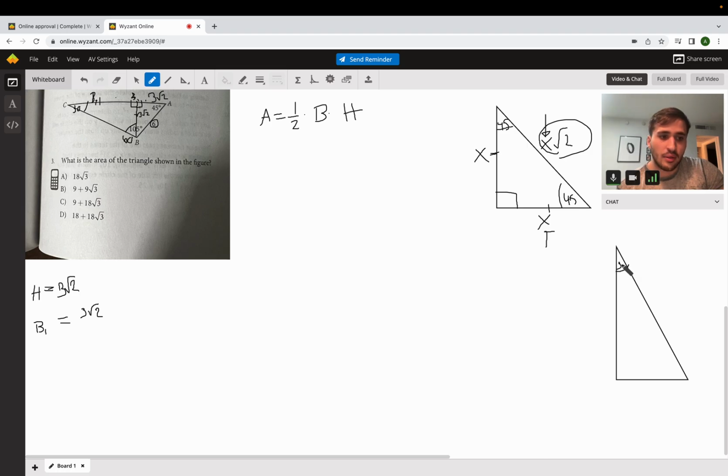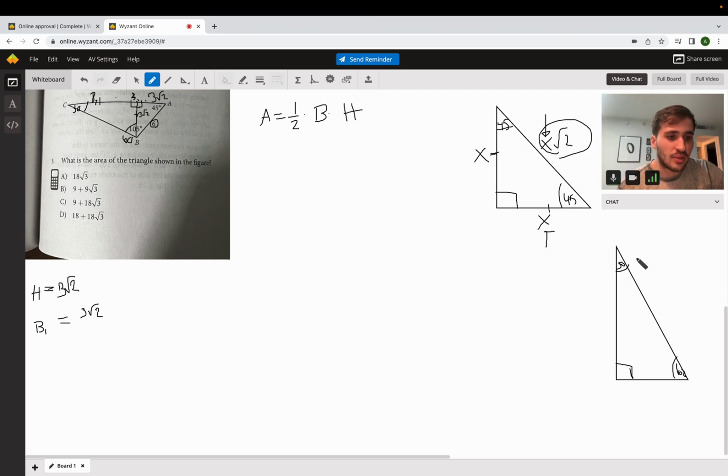Here 30, 60, 90. Okay. The 60 degrees is always opposite to the larger of the two legs, okay? 30 degrees, small leg, 60 degrees, big leg, okay?